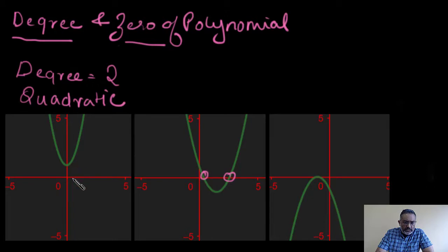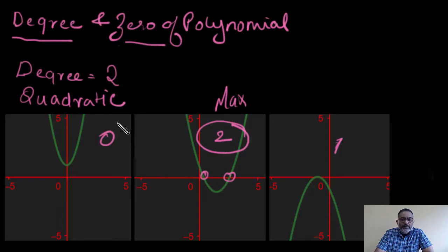The graph simply doesn't touch the zero here, and it touches just a single time here, so there is only one zero. So there is 1 zero here, there are 2 zeros here, and there are 0 zeros here. So this is the max possible zero. That is the case of a quadratic equation. We are again proving that the max possible zero is equal to the degree of that polynomial.